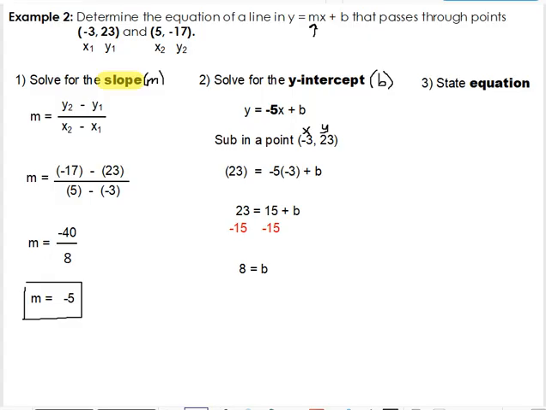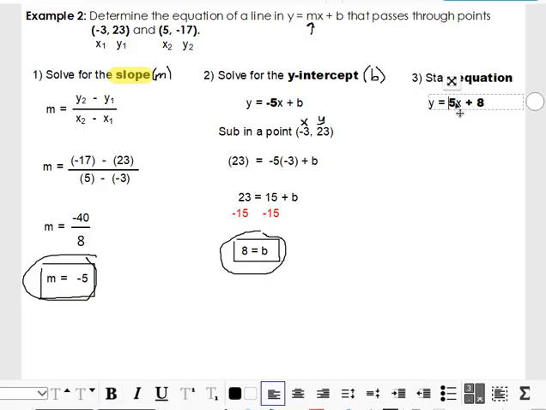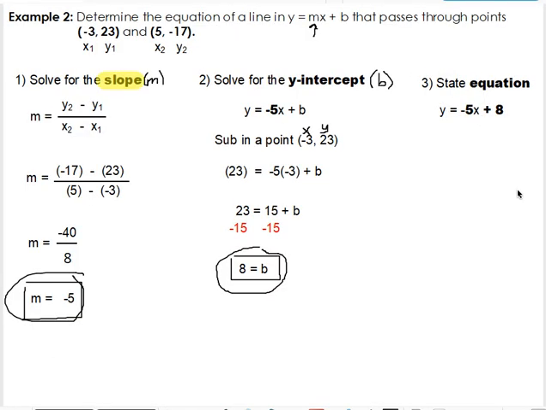We'll put a box around that. So in our equation of y equals mx plus b, we state our equation: y equals negative 5x plus 8. And that's the equation of a line that passes through the points negative 3, 23 and 5, negative 17.